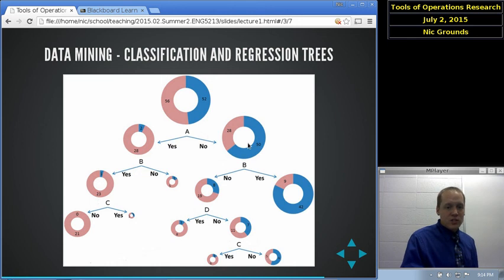Now, for these records on the right-hand side, it's a little less homogeneous. We did get most of the blue records over here, but we still have quite a few pink as well, so we might further subdivide based on some other field, some other split point, to split the data into two camps below it, to try to tease out where all those pink records go and where most of the blue records go, and so forth.